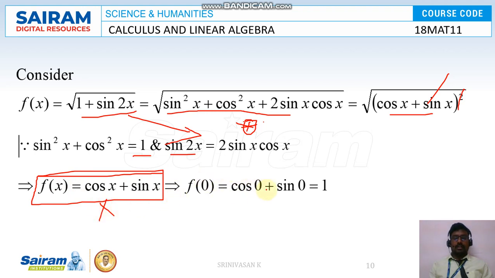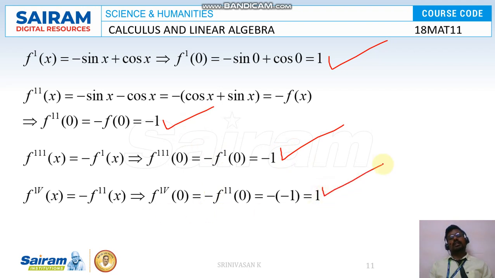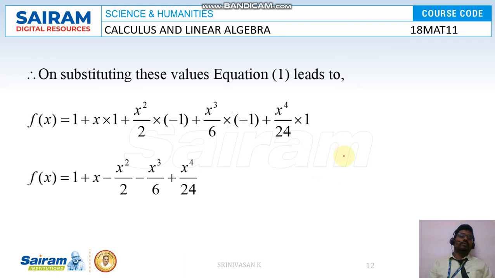So f of 0 equal to cos 0 plus sin 0 equal to 1. Next, the first differentiation, substitute x equal to 0, second differentiation and substitute x equal to 0, third differentiation and substitute x equal to 0, fourth differentiation, substitute x equal to 0. So we'll get the solution. Substitute all values in equation 1. So f of x equal to 1 plus x into 1 plus x square by 2 into minus 1 plus x cube by 6 into minus 1 plus x power 4 divided by 24 into 1.